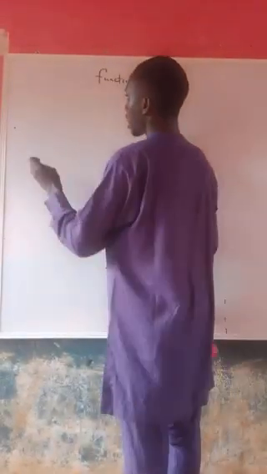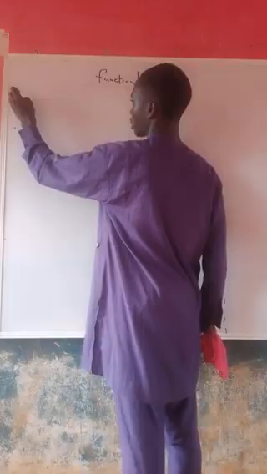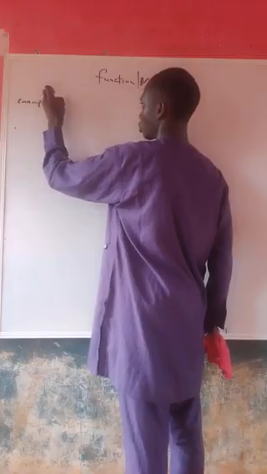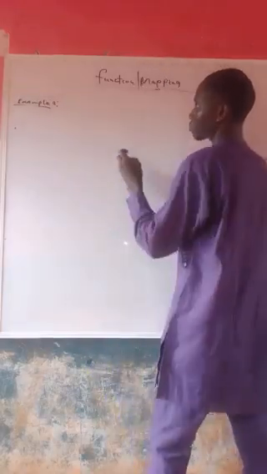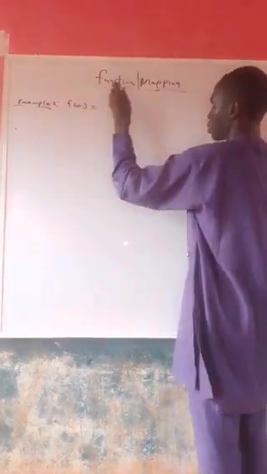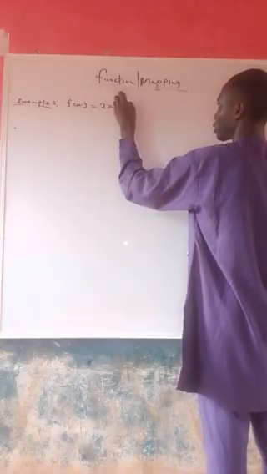Assuming we have our example 2 now. Example 2. We have f of x equal to 2x minus 5.